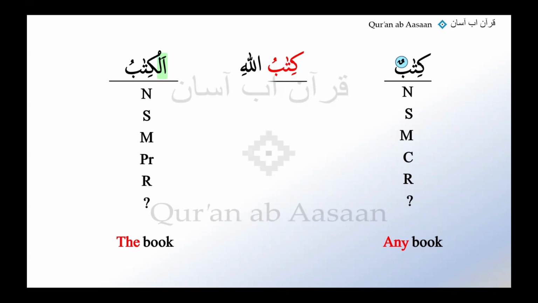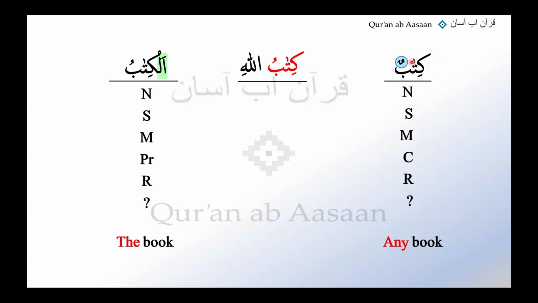All right. So, what is this to begin with? You cannot be sure that it's a noun. And you are doubtful, why? Because our two indicators, which are a tanween at the end or al at the beginning, are missing.